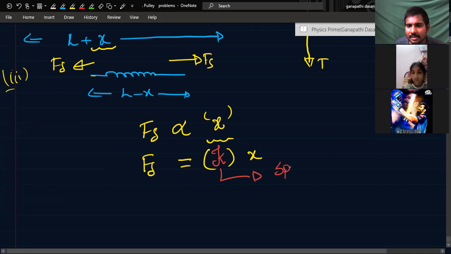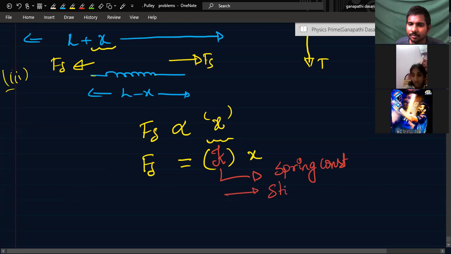That is called the spring constant, or another name, stiffness constant.